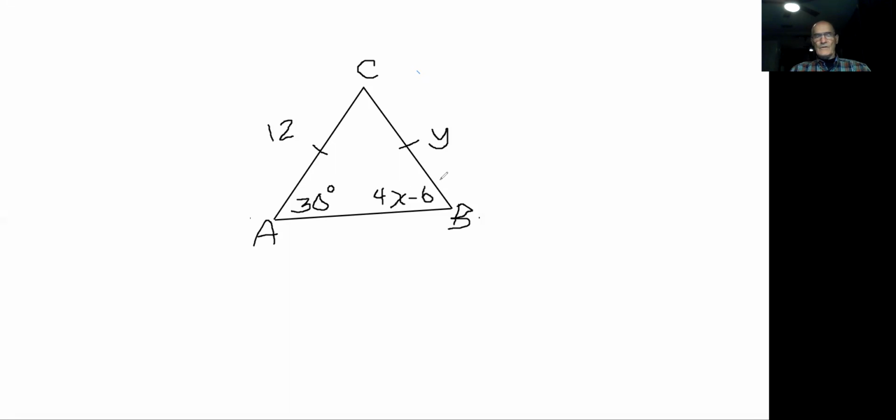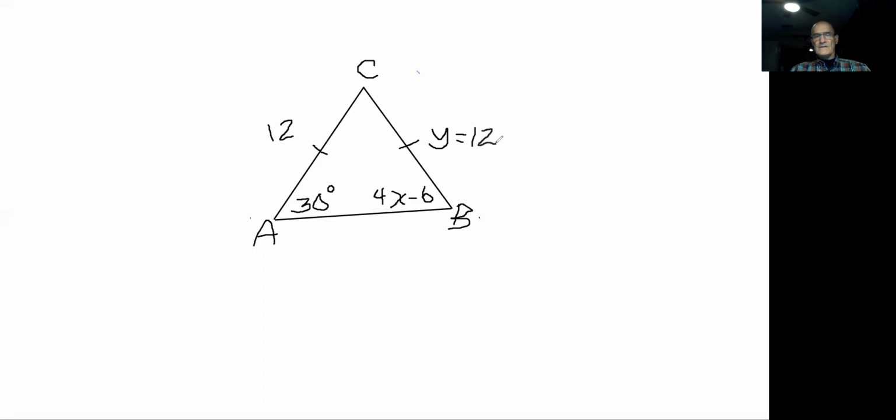Now, what I have to do is solve for x and y, but remember what the isosceles theorem says. It says that the two sides are equal, so I know y is automatically equal to 12.